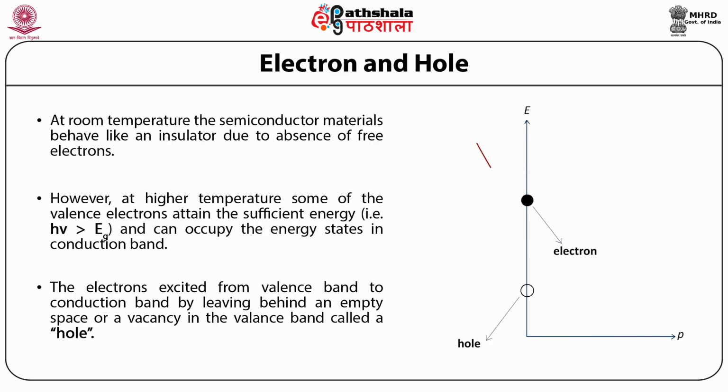So we can differentiate between the electrons and the holes as the electrons have negative charge, and the holes have positive mass and a positive charge.